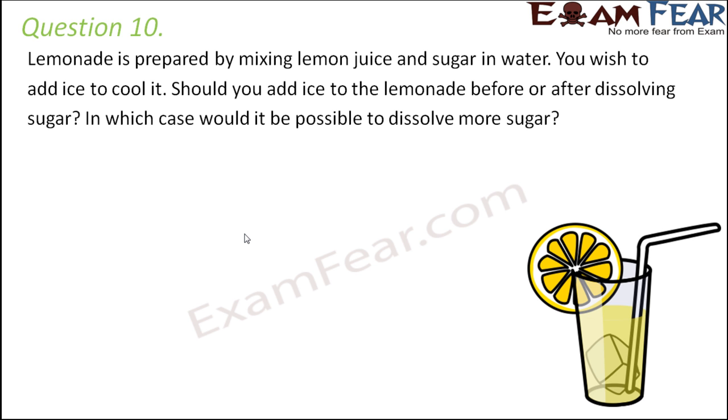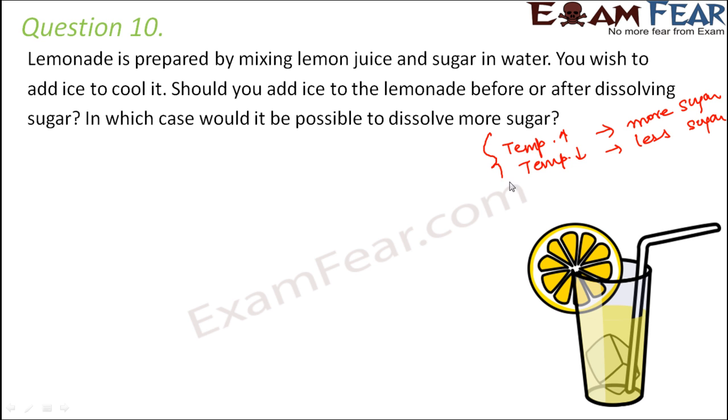That means more solute can be dissolved. Similarly, if you decrease the temperature, less solute can be dissolved. So if the temperature is increased, more sugar will dissolve in the water. If the temperature is decreased, less sugar will dissolve. That's the basic concept we have learned from saturated solution.